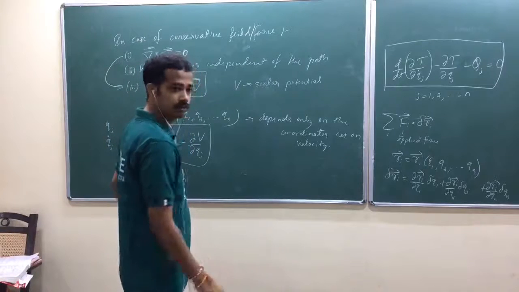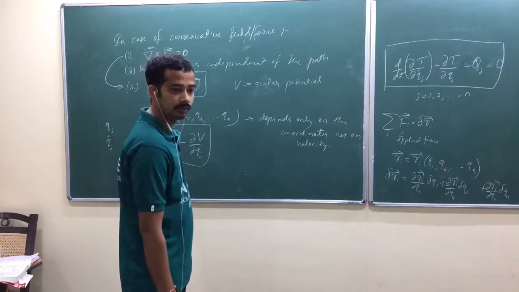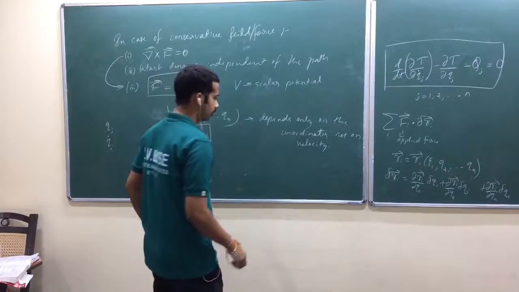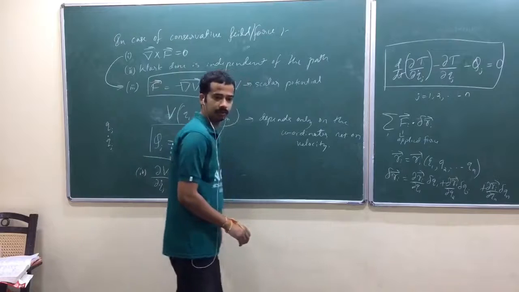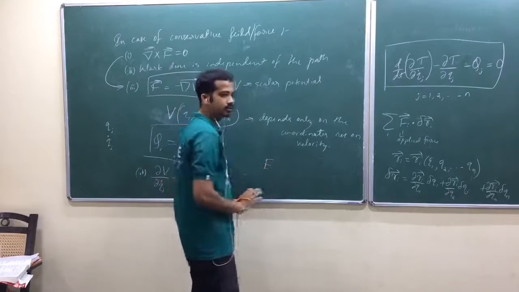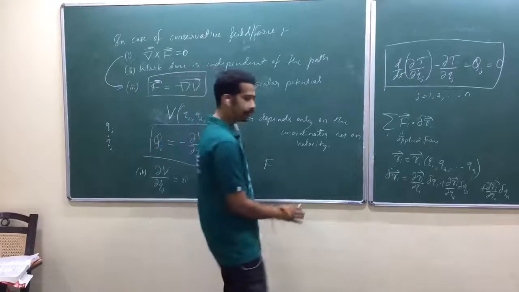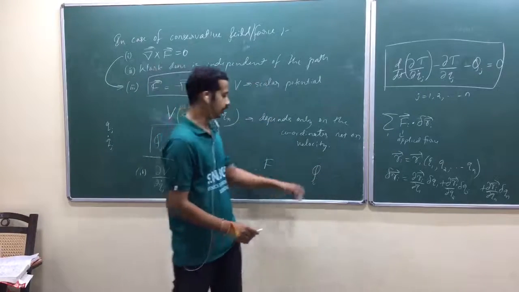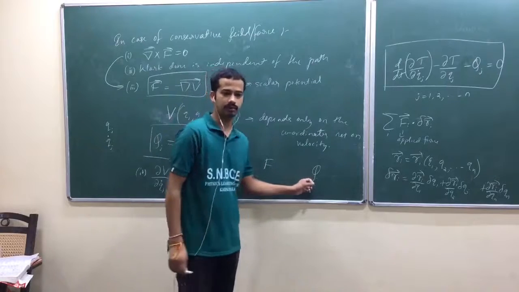Which one? F? Which F? So, capital Q? No, whatever the F we have taken, that is Newtonian force only. Whatever Q we have taken, Qj, generalized force, that need not be of the order of Newton or something.